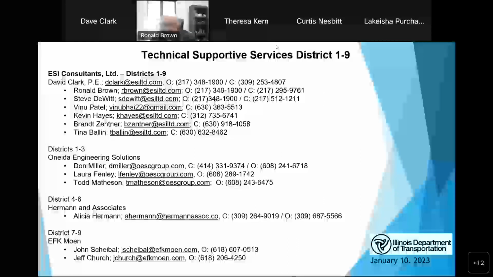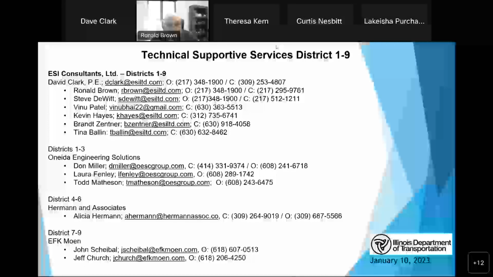And then EFK Moen, they're down in the District 8 area, but they're able to help us in District 7 through 9. But feel free to contact any of us. If you're not sure who you want to contact, get a hold of Ron or I, and we'll be more than happy to get someone that can answer your question and someone that's probably close to where you are.